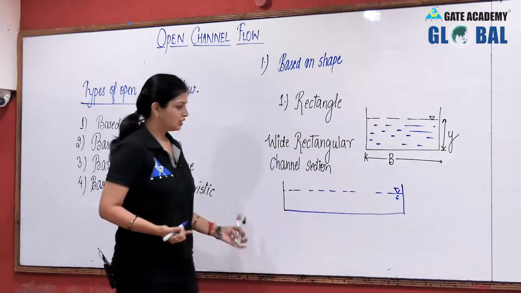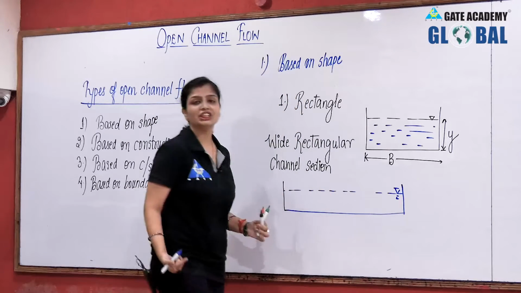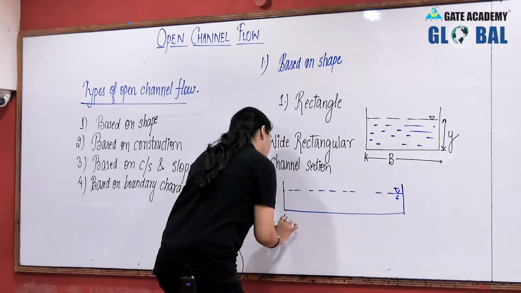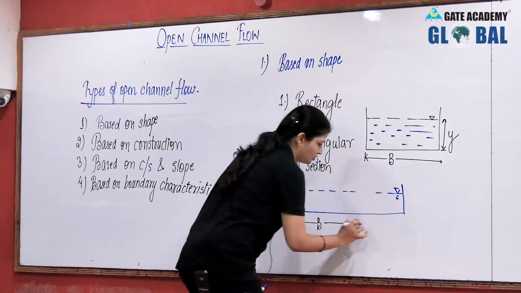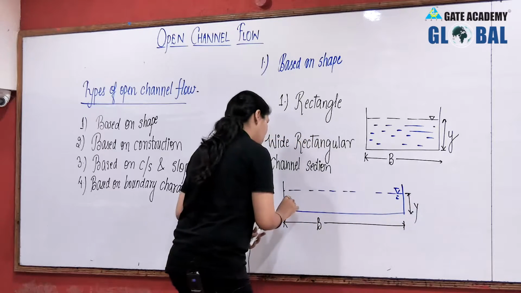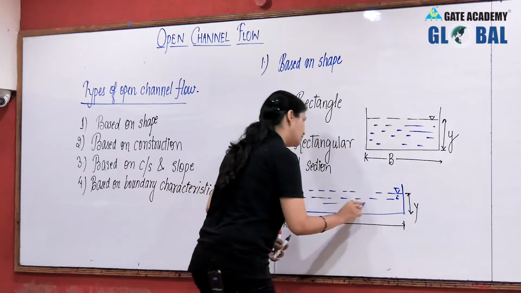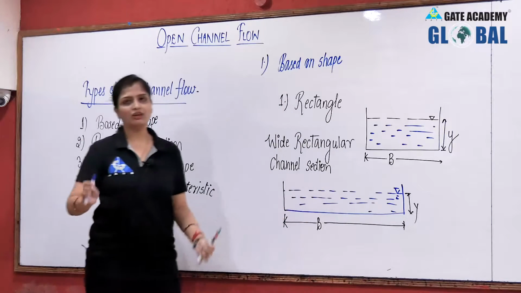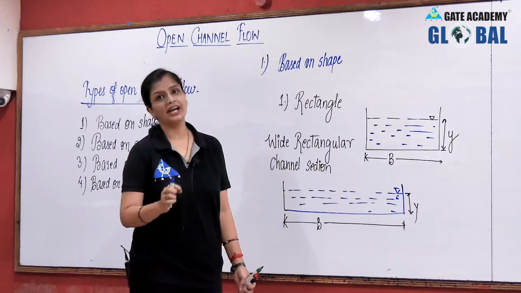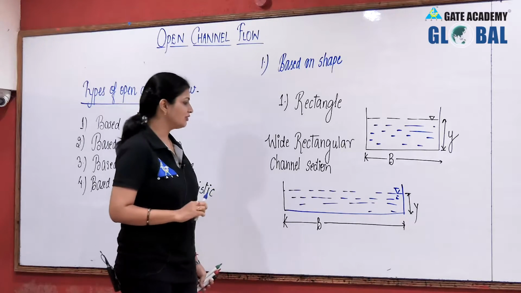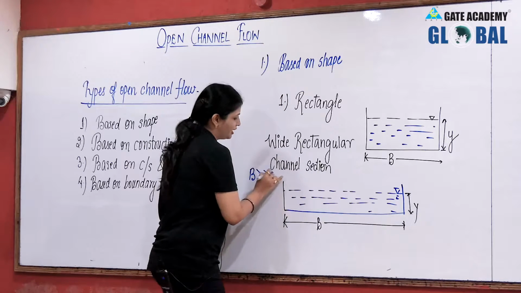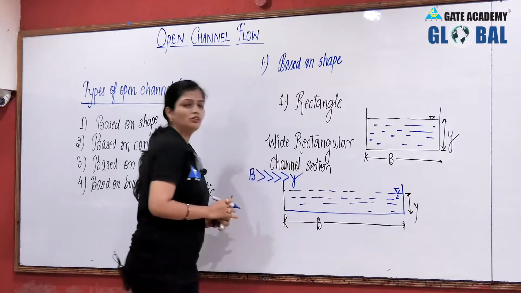You can see the width of this rectangular channel section is much higher as compared to your depth of flow. This you have to keep in mind, because whenever there are questions regarding rectangular channel sections, just see whether it is only a rectangular channel section or a very wide rectangular channel section. Just see that first. So for a wide rectangular channel section, width is very greater as compared to your depth of flow.